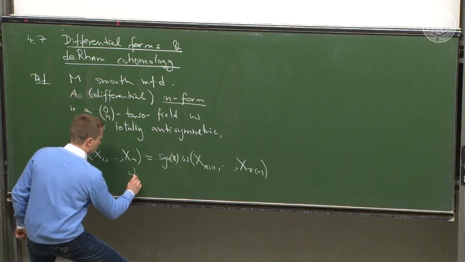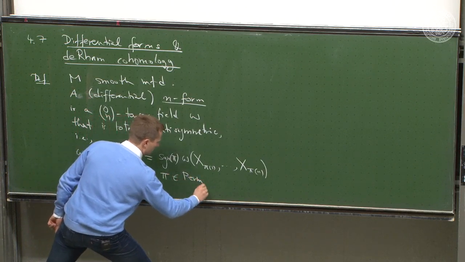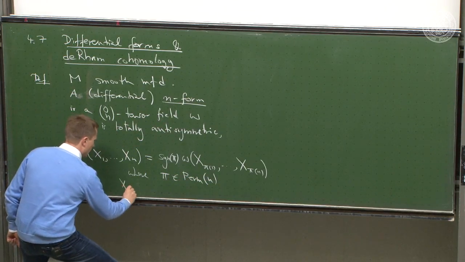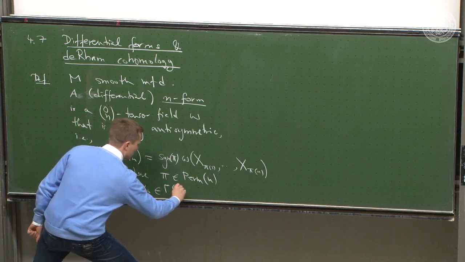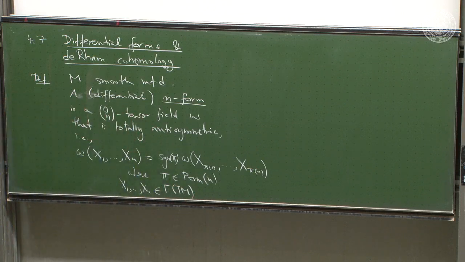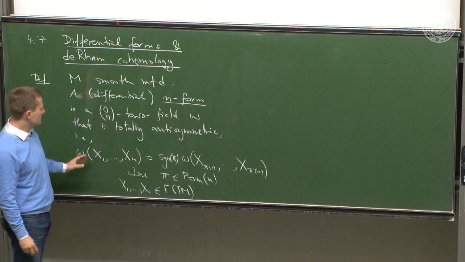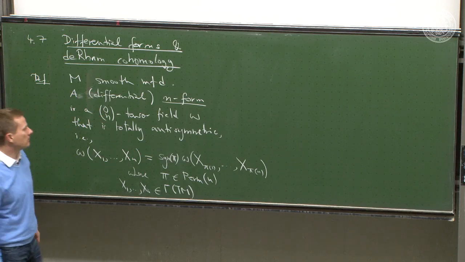Here pi is a permutation of the first n numbers, and obviously X1 to Xn are all vector fields, so they're smooth sections of the tangent bundle. Any such (0,n) tensor that has this total antisymmetry property is called an n-form.